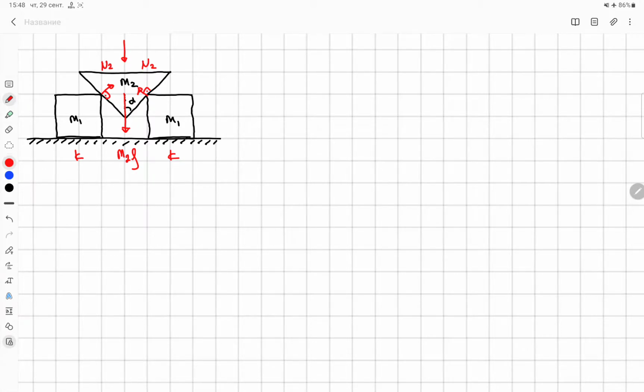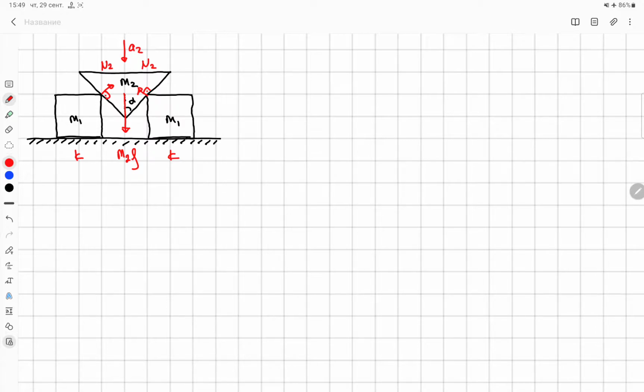Everything is in terms of symbols. So we have only two options. The system will be at rest, no motion, or M2 will move downward, and the two objects M1 and M2, one will move to the left, one will move to the right. At the moment I will assume they will move downward. M2 will move downward. Its acceleration equal to A1.